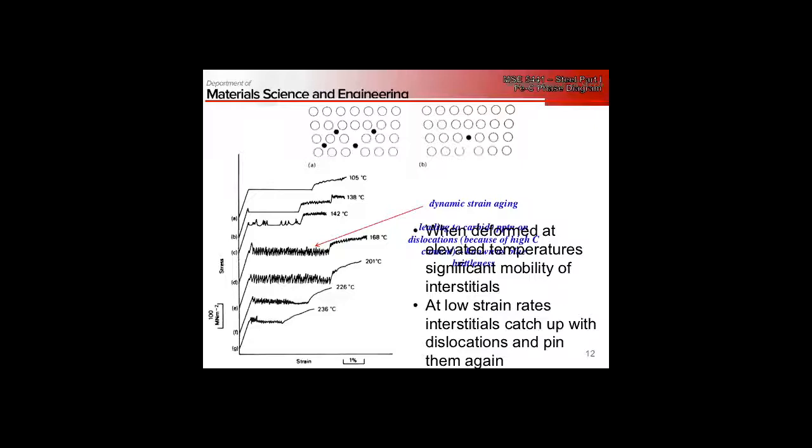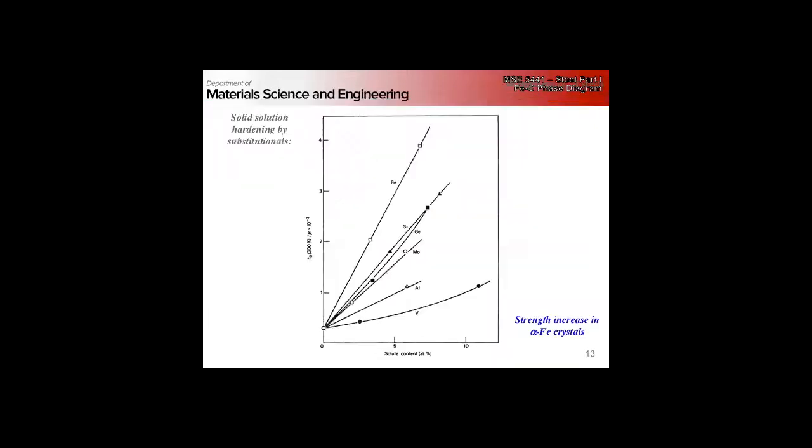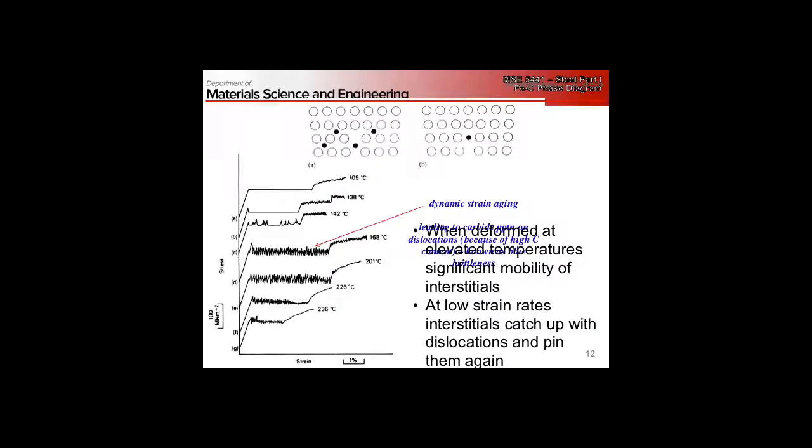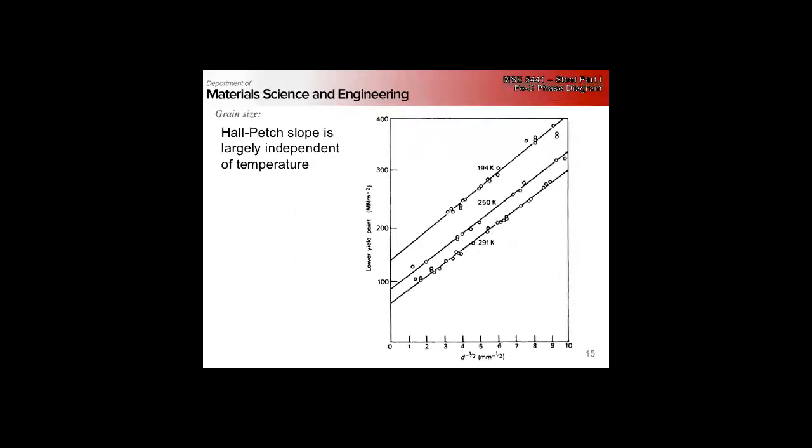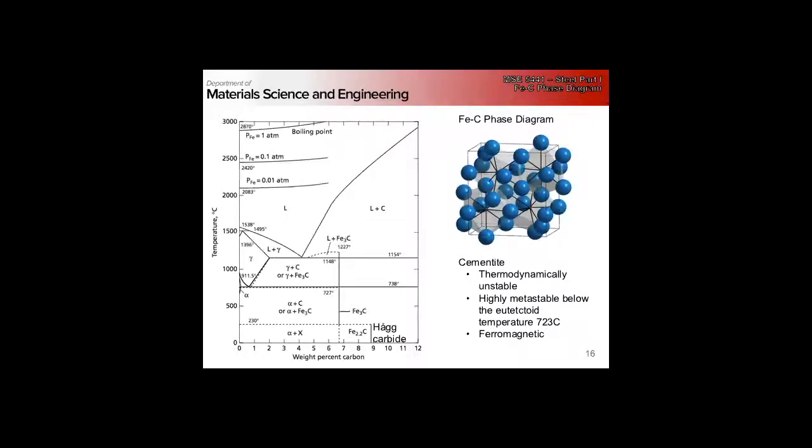So if you have high rates, you don't see this dynamic strain aging effect. Whenever I talk about mechanical properties, generally I'm talking about quasi-static properties, right? Strain rates of 10 to the minus 3, 10 to the minus 4, typical tensile test strain rates, unless we say otherwise.